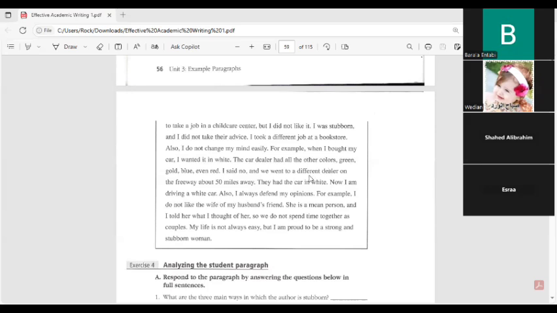I said that a lot of women have this trait, a stubborn trait in their personality or character, right? Not all women, a lot of women. Do you think so?